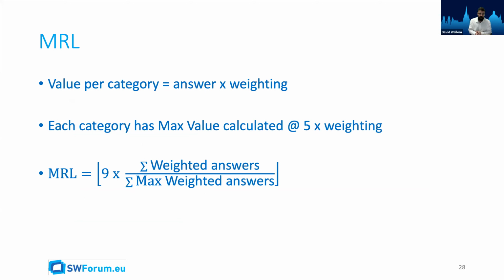And the MRL is then the floor value, or the rounded down value, of 9 times the division of the sum of weighted answers by the sum of maximum weighted answers. It's 9 because the scale goes up to 9, so that's why we have 9.